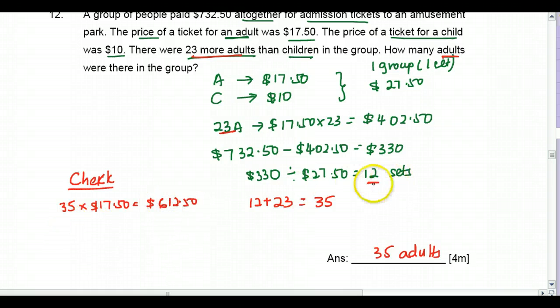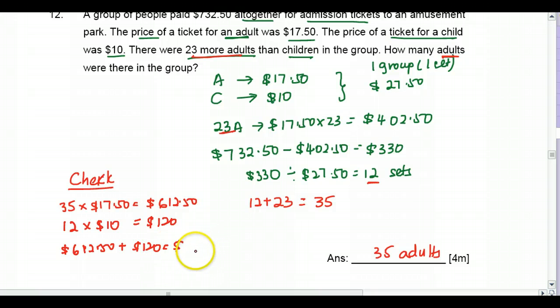Okay, so in the 12 sets, I will have 12 child tickets times $10, $120. If I add up my total, $612.50 plus $120, my total will be $732.50. So that will help me check if my answer is correct.